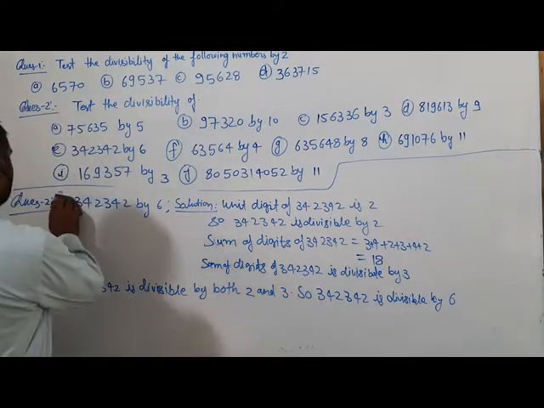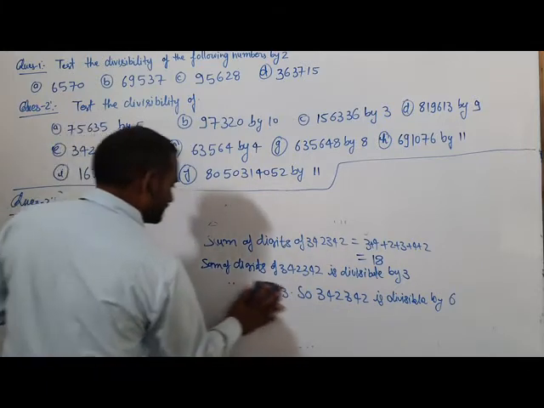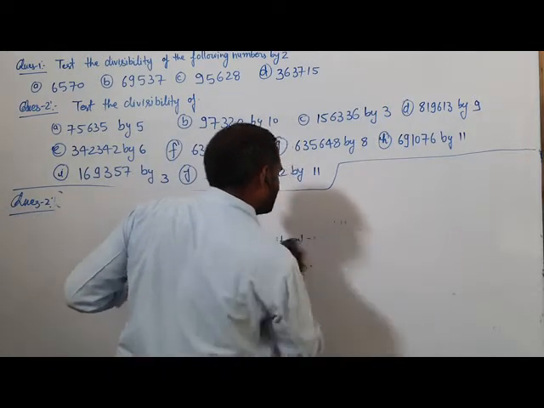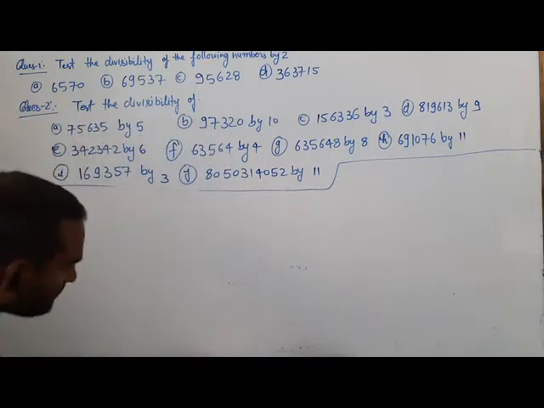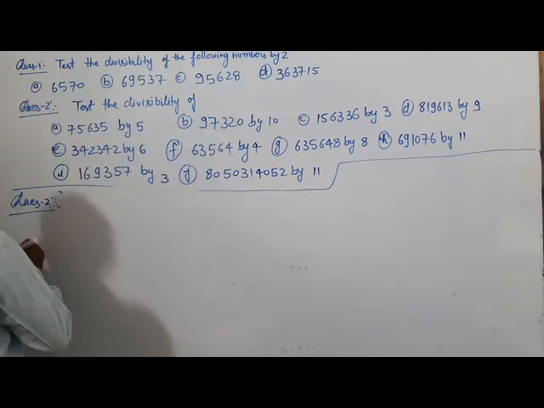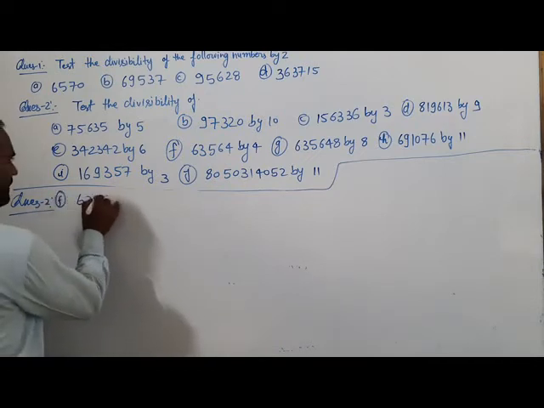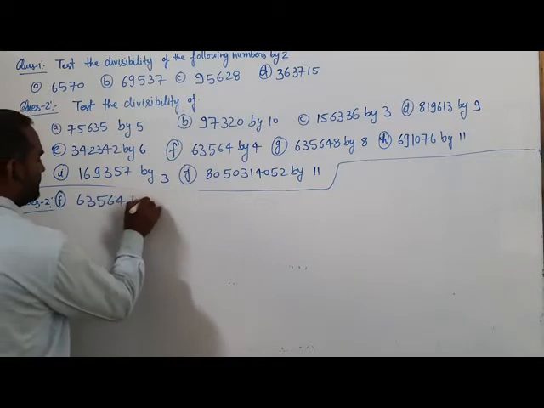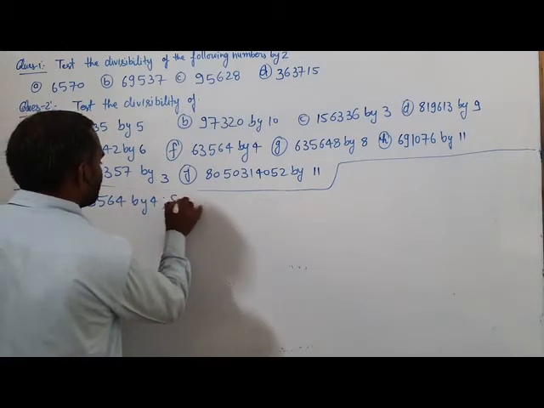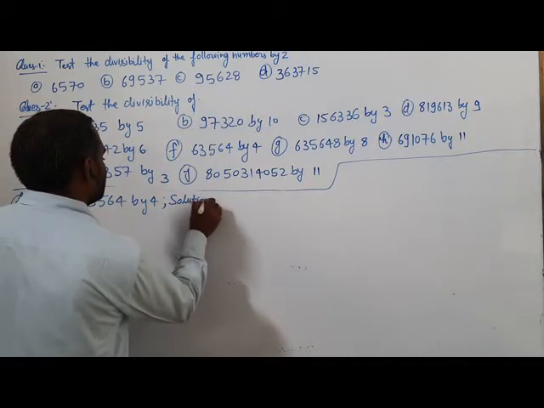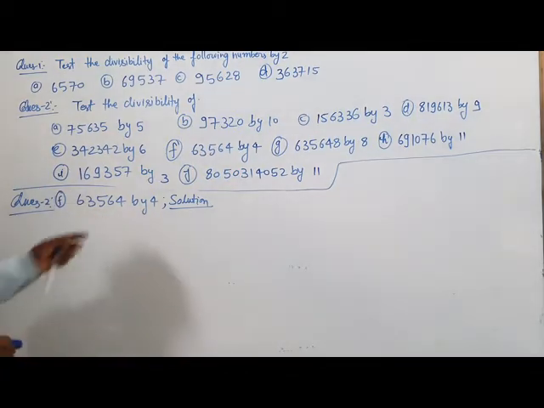So let's test the other option. F, 6 3 5 6 4. Solution. Here we have to test the divisibility of 4.